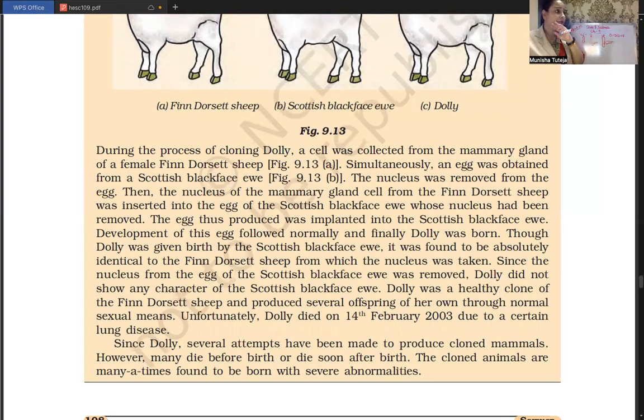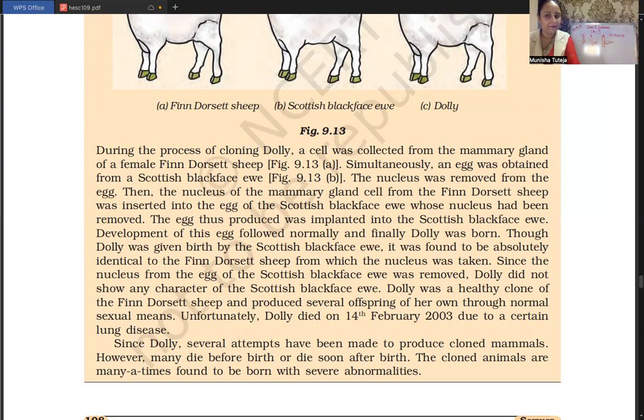Beta, you have studied in your previous class also that the nucleus contains all the genetic material of a cell, all the DNA of the cell. That means we removed the DNA of the Scottish Blackface out of it.